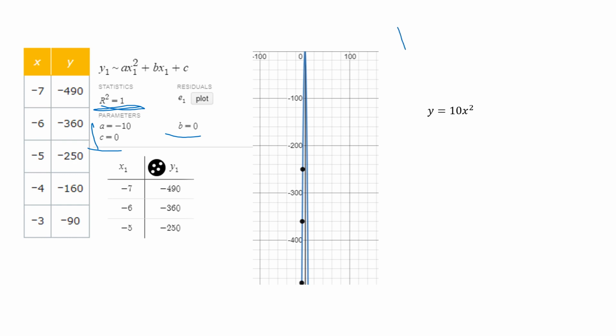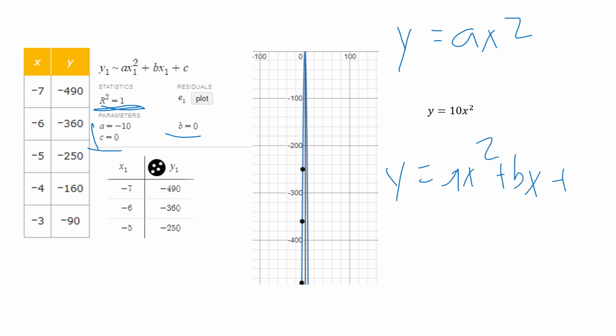I'm worried about y equals ax squared. If I was worried about b and c, that means b and c would be greater than 0. Then I would have y equals ax squared plus bx plus c. And again, I'm just taking this model, I'm turning it to an equation.